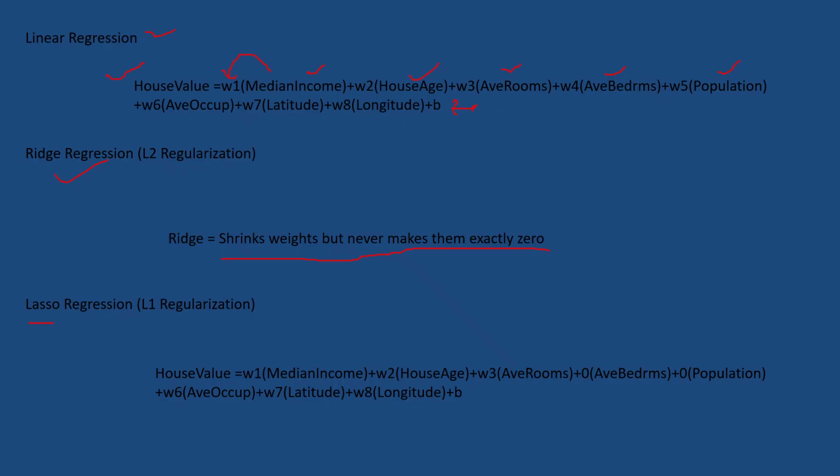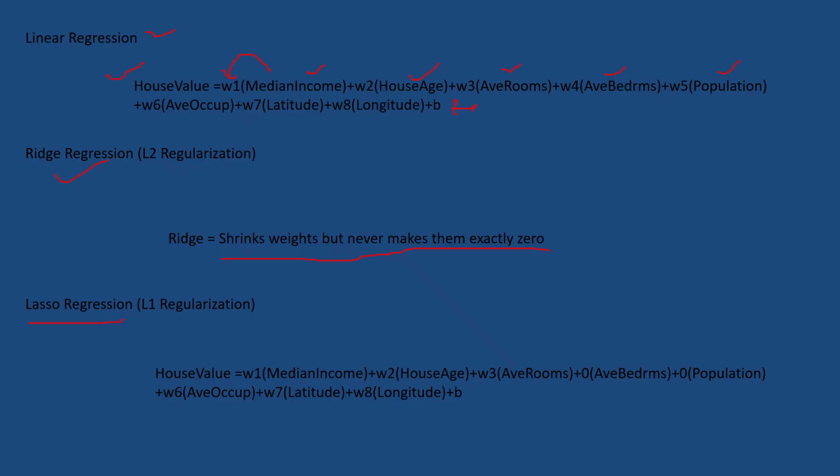And if we go for lasso, what it is doing is it can make unimportant feature weights exactly zero. So technically, it automatically selects only the important features.